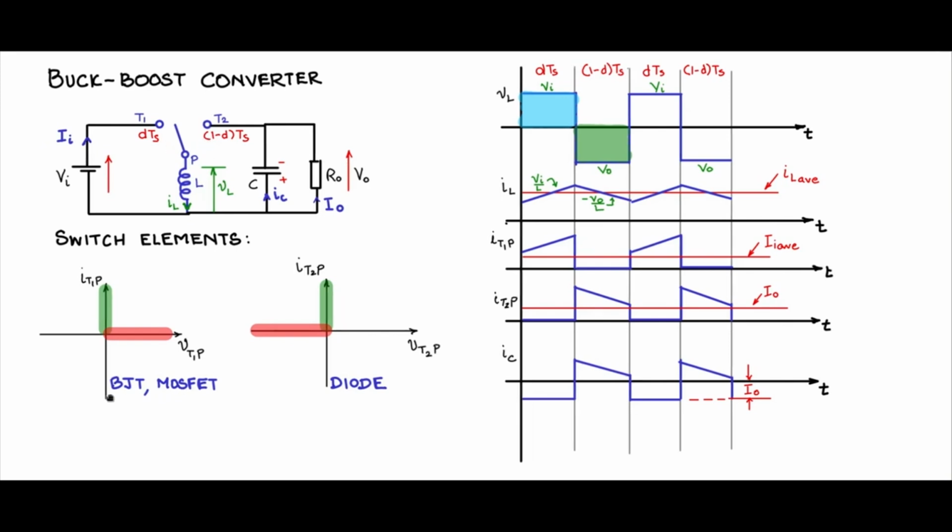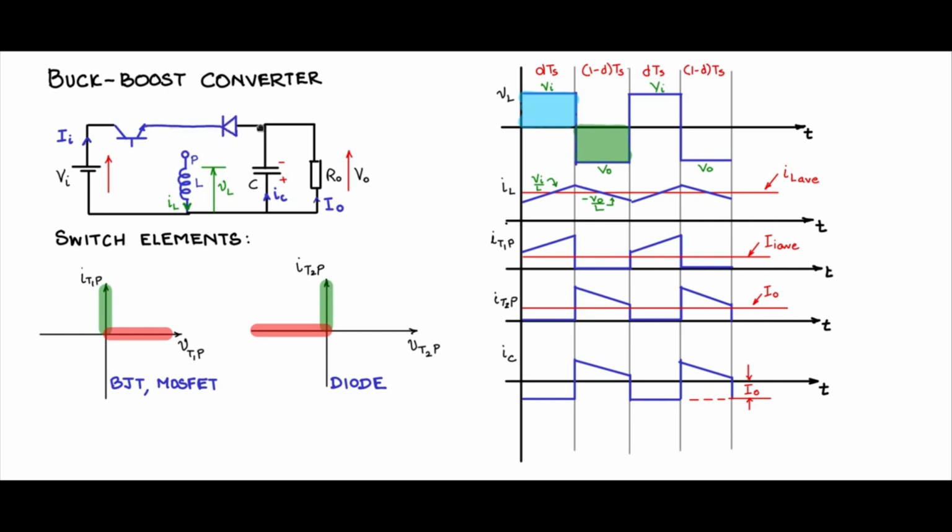Let us now use the BJT for T1P and the diode for T2P, replace them in place of this single pole double throw switch and see how the topology evolves. Let us erase some portion, make some space. We will put a BJT here like this. Observe the direction of the current flow is from T1 to P. Then we will make some space here and put the diode here.